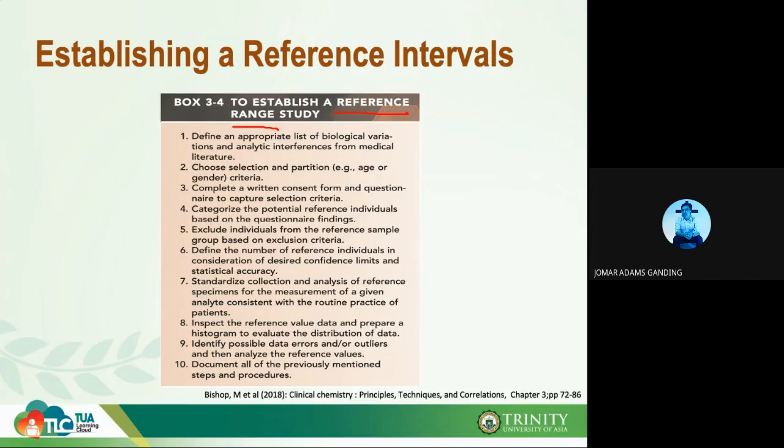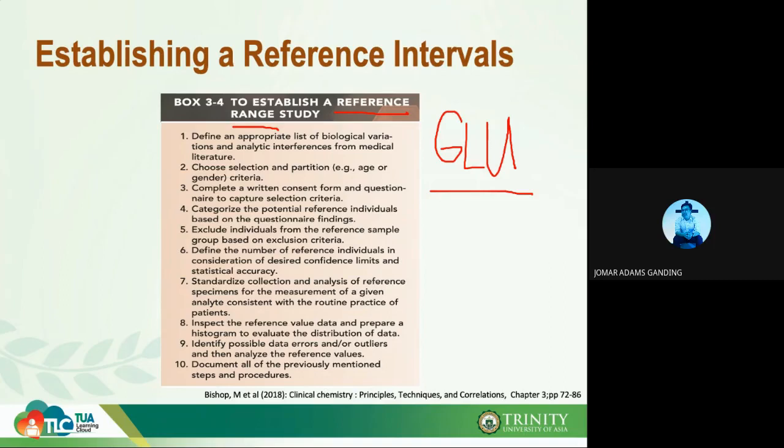Take for example, I want to establish a reference range for the levels of glucose of the Filipino citizen. So the population is Filipino, and I have glucose. The first thing based on Bishop is to define an appropriate list of biological variations and analytical interferences.